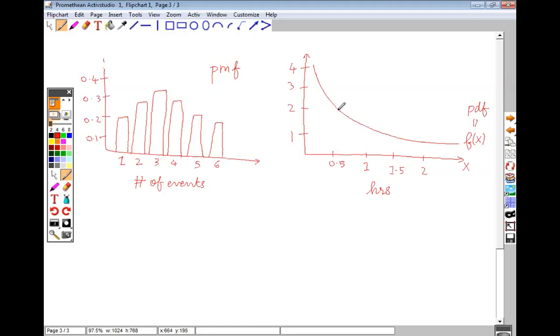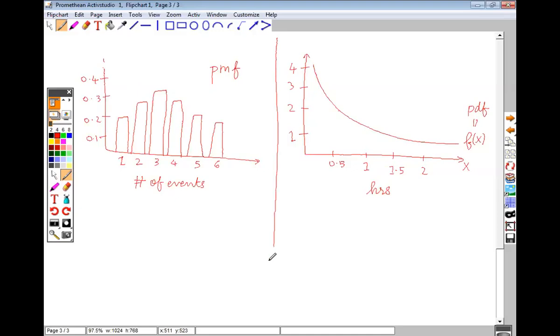For each x, I'm getting some value on the y, not randomly, but because I'm substituting this x value in the PDF, which is my function, and my output is this. So this is what I get on the y-axis.